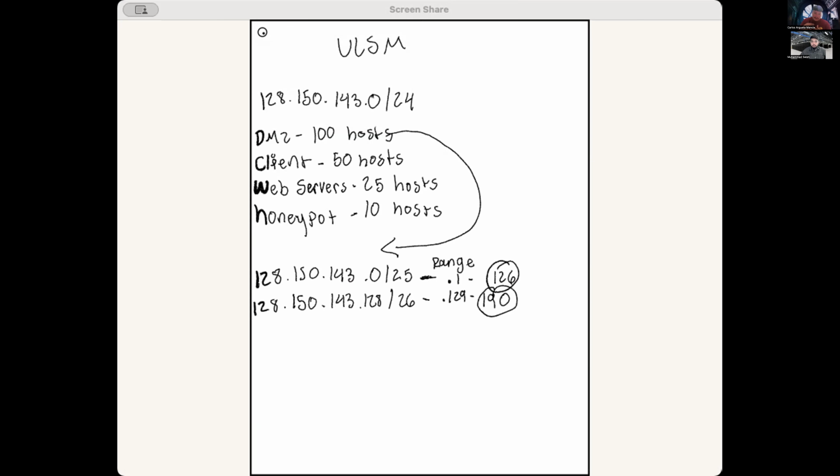Then we'll continue that same approach with the next larger subnet, the 25 host requirement. My 25 host requirement needs 25 hosts. The nearest power is 32, which is 2 to the power of 5. Is that right? I think, no, 2 to the power of 6.